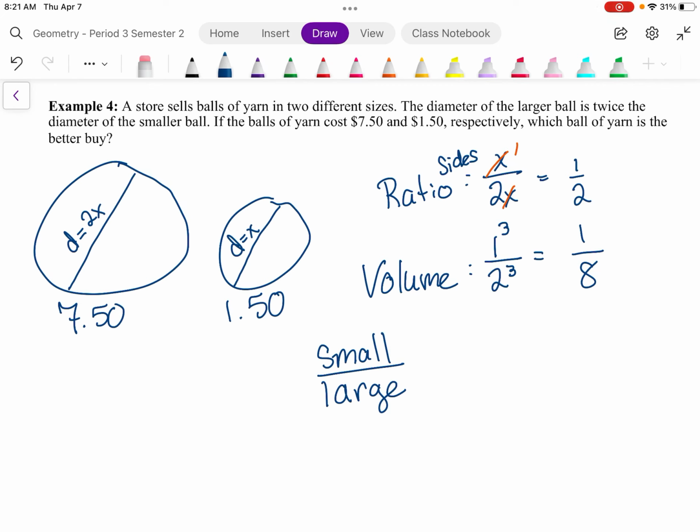We have 1/8 and 1/5. So if we compare the smaller ball to the larger one, the price increases less than the volume increases, because you notice for the volume it goes from 1 to 8, and for the cost it goes from 1 to 5. So you get more yarn for your dollar if you're going to buy the larger yarn ball.